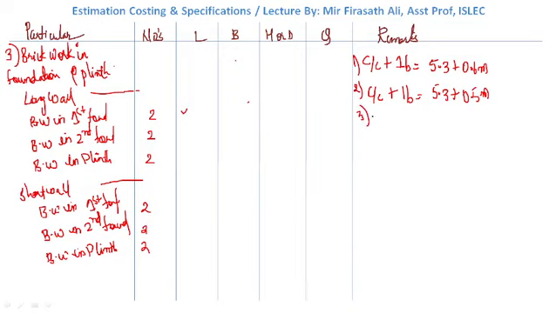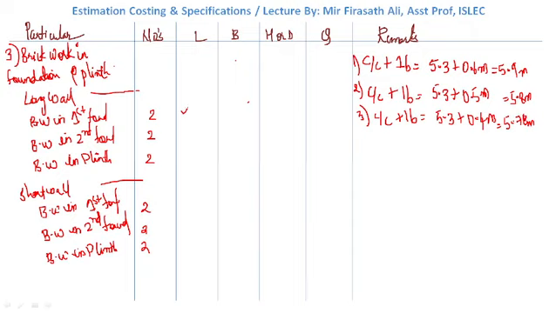Third one, center to center plus 1 breadth, 5.3 plus the width of plinth, 0.4 meters. So the lengths become 5.9 meters, 5.8 meters, 5.7 meters. We need to substitute all this over here.